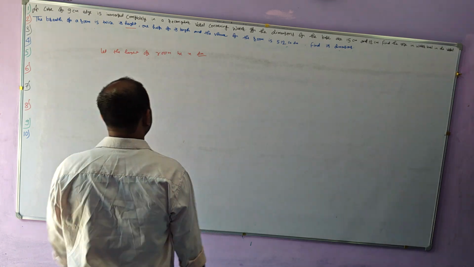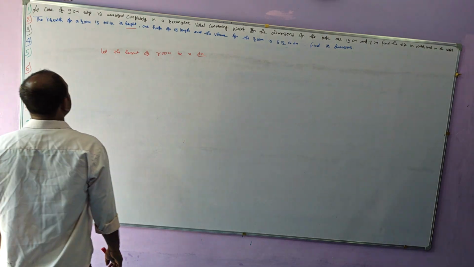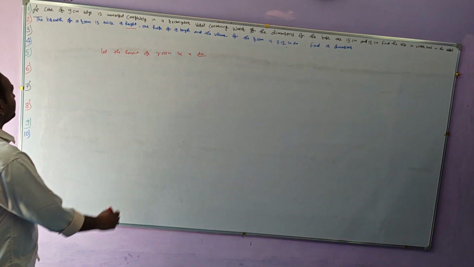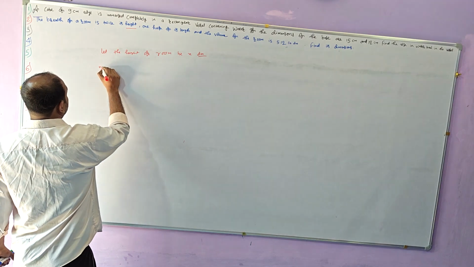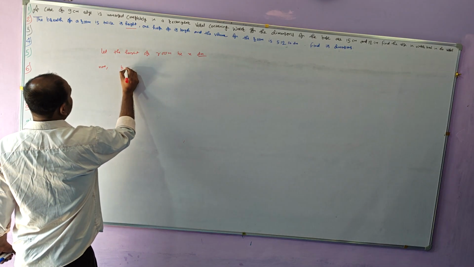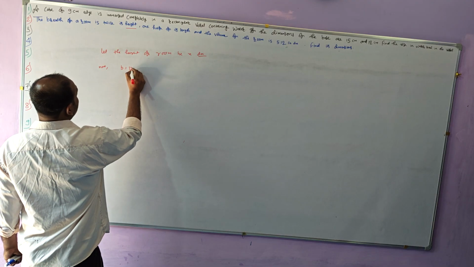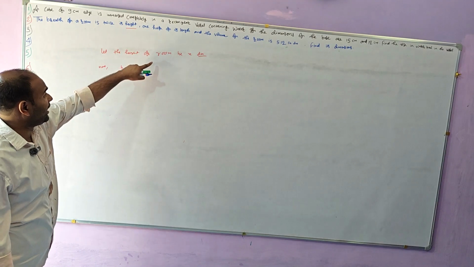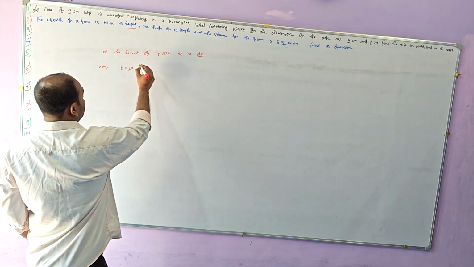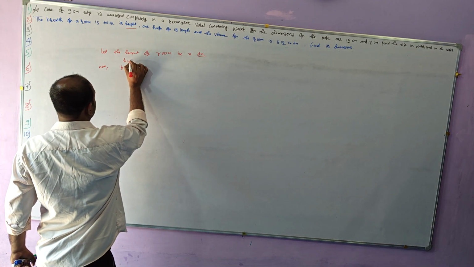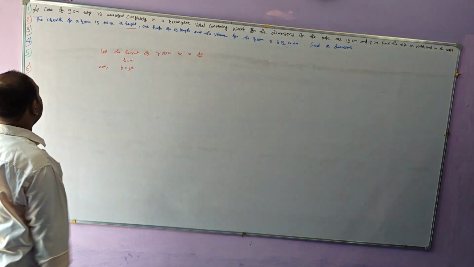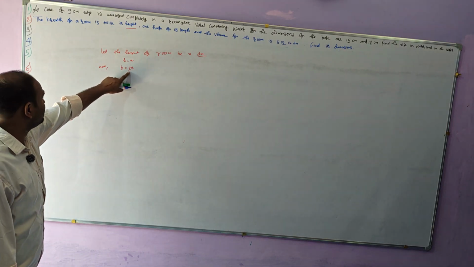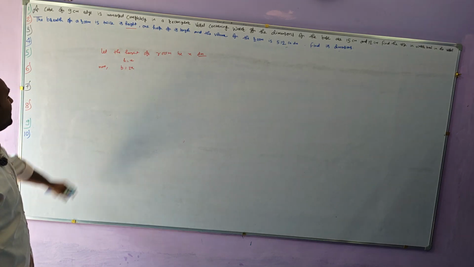All here are in decameter. Now b is equal to 2x. Breadth of a room is twice its height. If height is x, then breadth becomes 2x, twice its height.